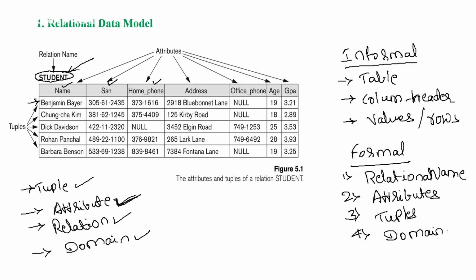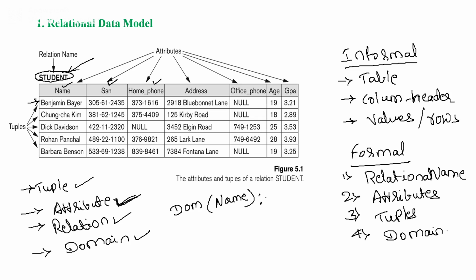So here the domain of EID or domain of name, if I write like this, which includes the data type which is described for this attribute, or the format or logical definition of that particular attribute.